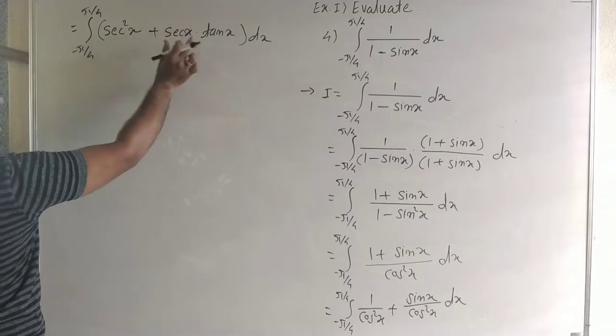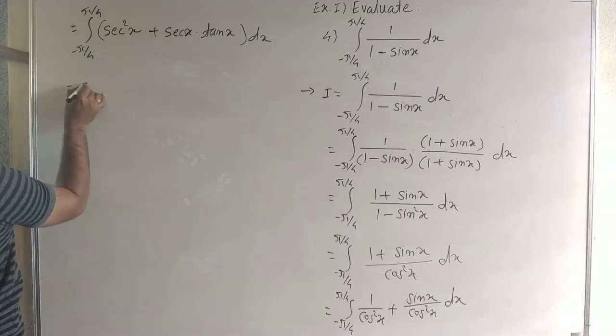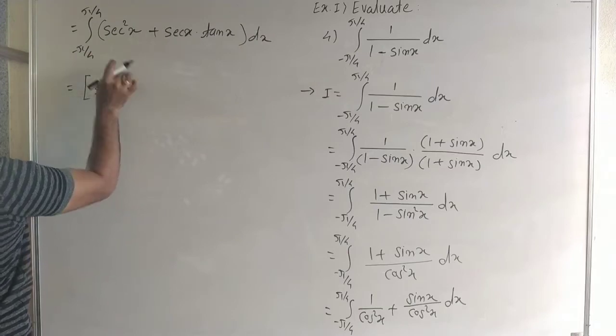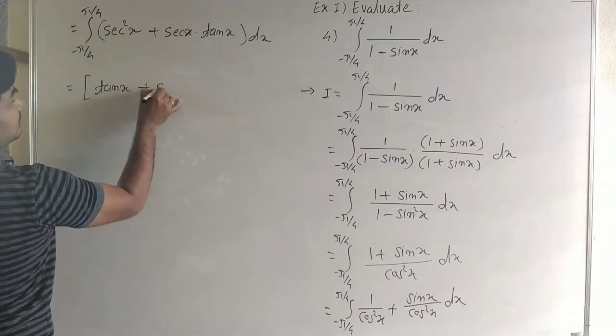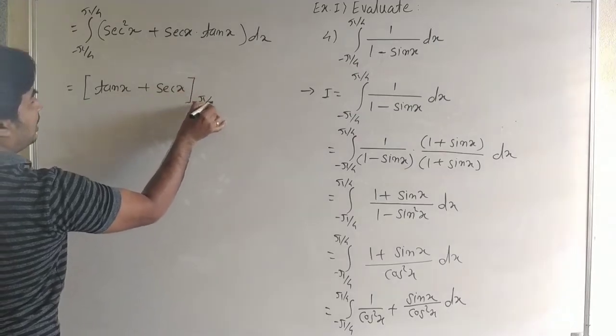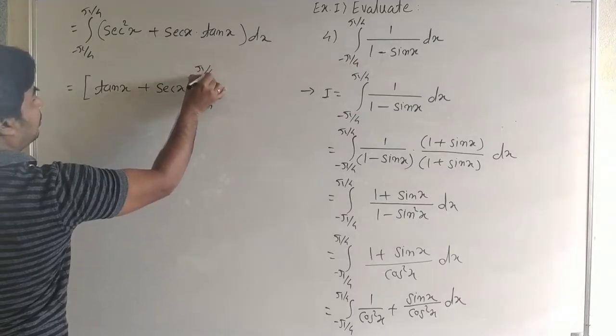The integral of sec square x is tan x, and the integral of sec x tan x is sec x. Therefore it is tan x plus sec x, with limits minus pi by 4 to pi by 4.